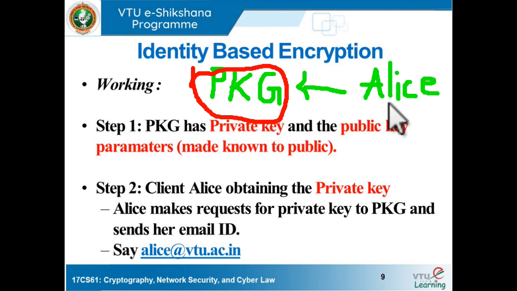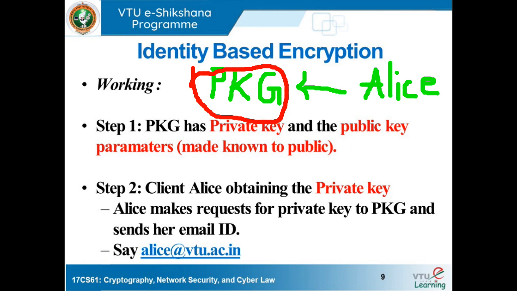And the second step happens between two communicating entities: one is Alice and the other one is the private key generator. Over here, Alice is asking the private key generator to generate a private key, and in order to generate this private key, Alice is providing her email ID.